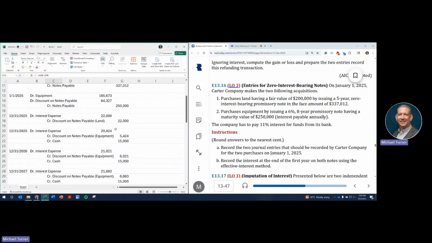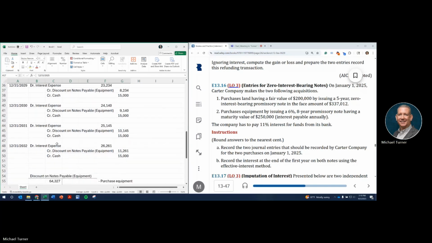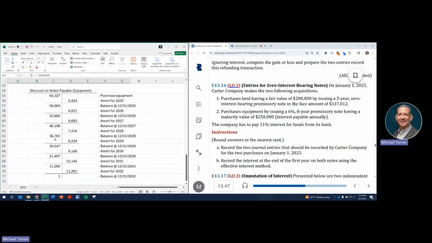If we were to calculate this journal entry just like we did with the equipment, and did this 4 more times for the total of 5 years, we would find that the discount on notes payable for land would also work its way towards zero over the course of the 5 years. And we'll do the process exactly the same. So with that, I will conclude the example of working exercise 13-16 from chapter 13 of our textbook.